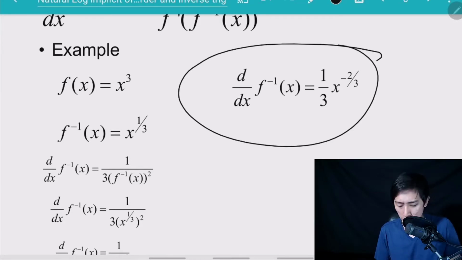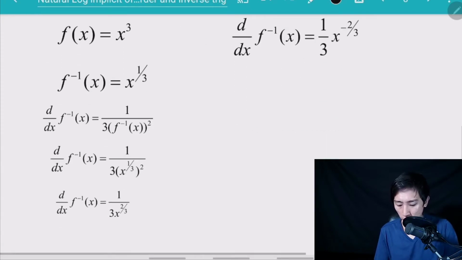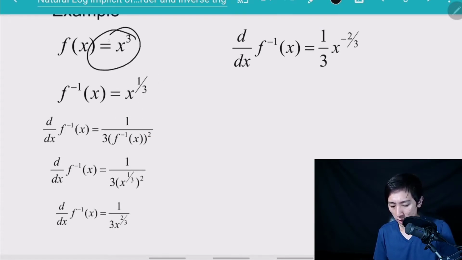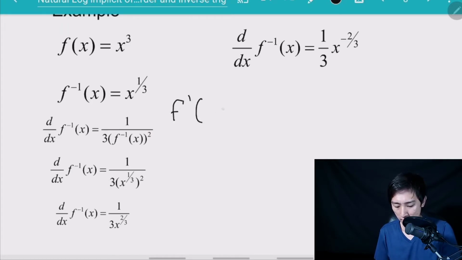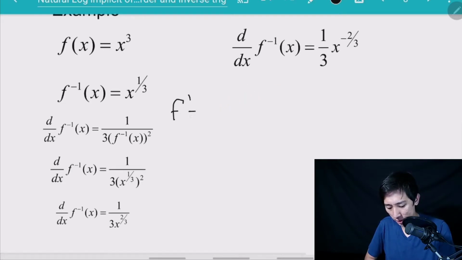It's really, really simple, but we're going to show you how this formula works. So in order to take the derivative of my inverse function, we go 1 over the derivative of our original function. The derivative of our original function, f prime in this case, is equal to 3x squared.